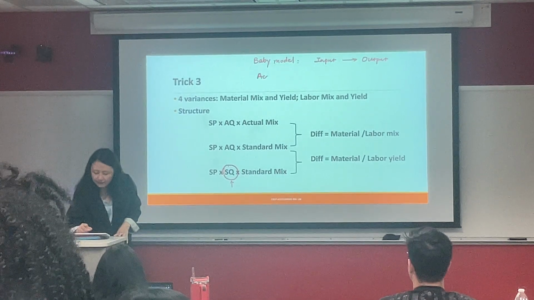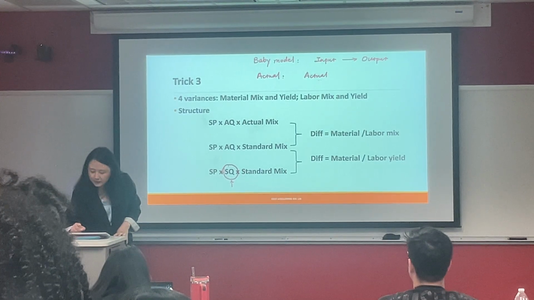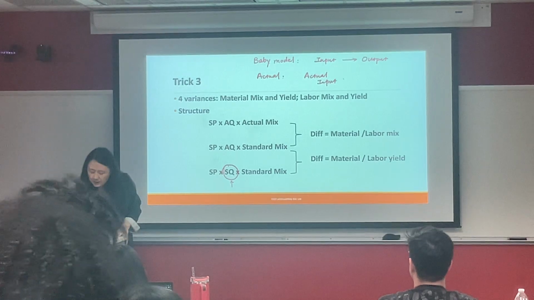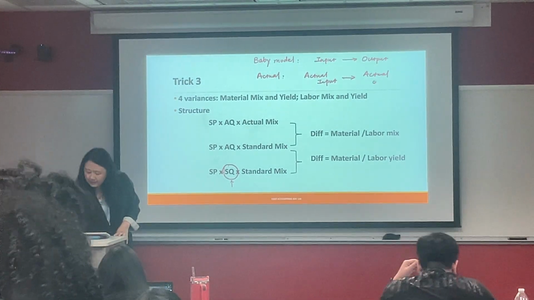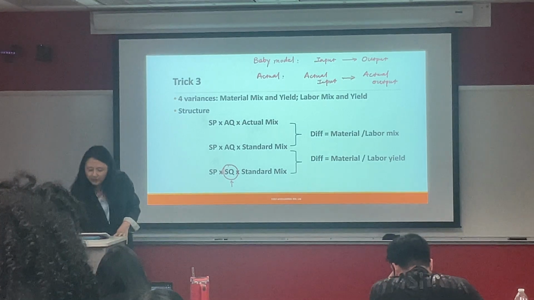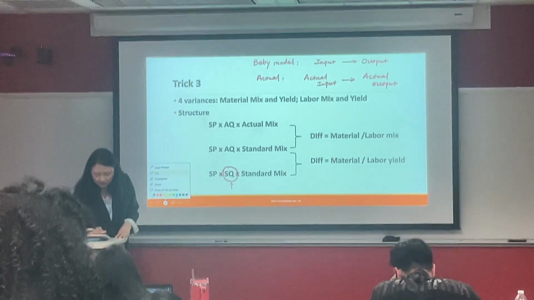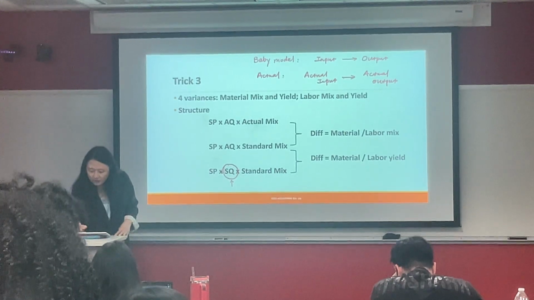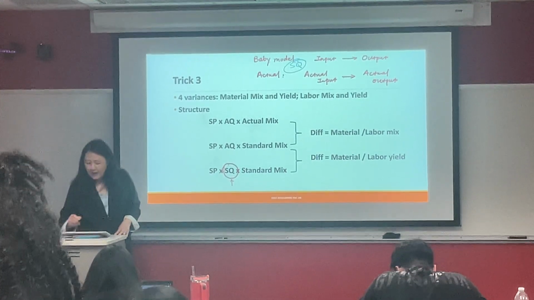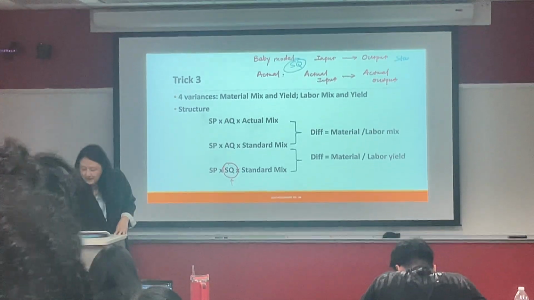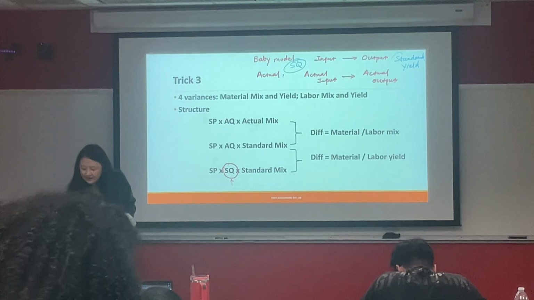And then you're gonna have your actual data: actual input, and then you get the actual output. Now, SQ is something you can calculate on this side, so I'm gonna put it here. And standard yield is something you're gonna calculate on the right side.